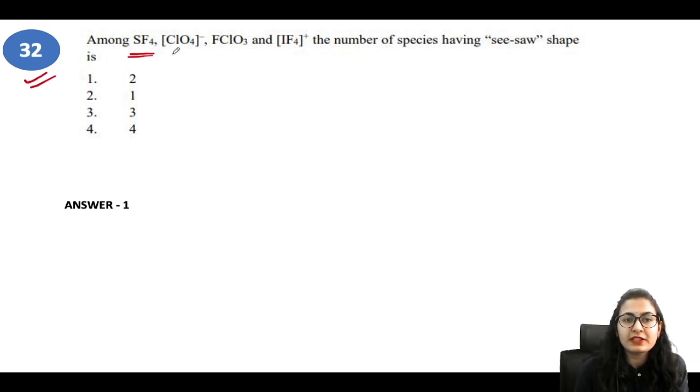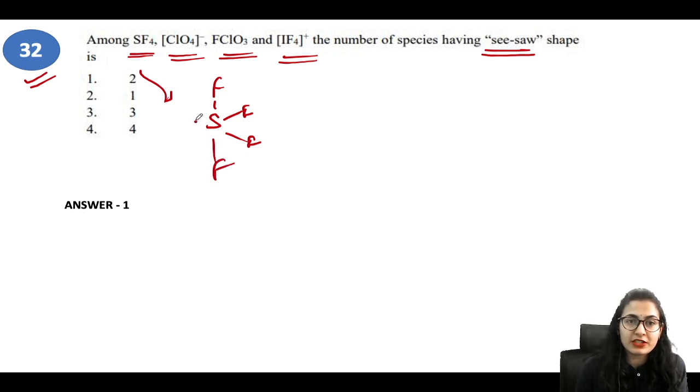Among SF4, ClO4 minus, FClO3, IF4 positive, the number of species having the seesaw shape. Now, these kind of questions have been repeated many years. Mostly in the VSEPR, the type of shape and structure is asked. So SF4 has one lone pair and it is seesaw. ClO4 minus is tetrahedral. FClO3 is also tetrahedral.